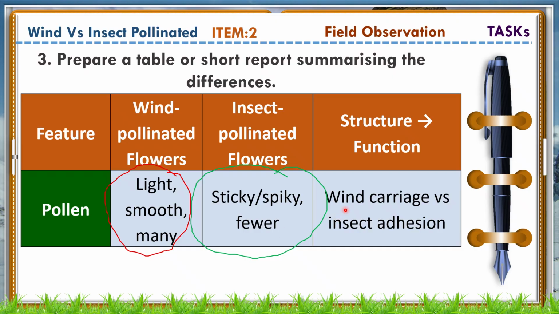The other ones, it's because of wind carriage. That's why they are light and smooth, and they need to be many because some of them will not land onto the stigma. Whereas these ones for insect-pollinated flowers are sticky and spiky and fewer in number because they stick on insects, and they are fewer so that there is a guarantee that they will reach the stigma of a flower.